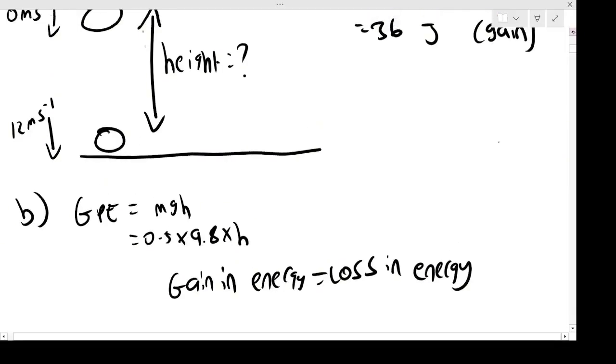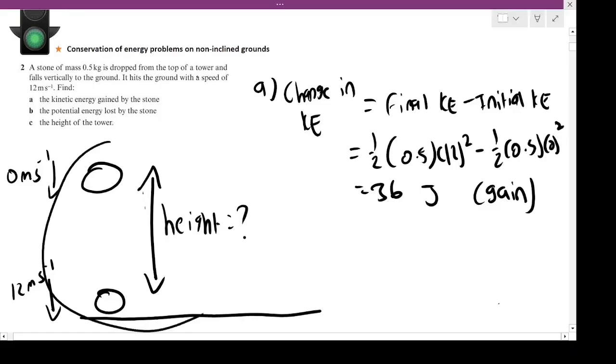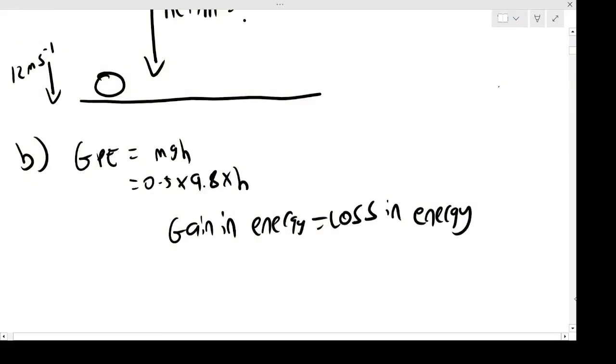Well, we know the stone gains kinetic energy. However, the gravitational energy is lost, and it says it in the question, it's lost. That is because, again, simply it's gone down. It's going towards the ground. Its height is lowering, so that means it's a loss.